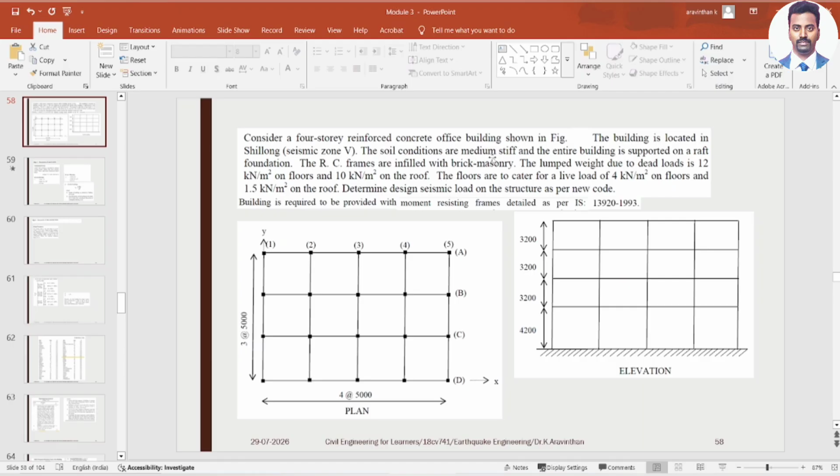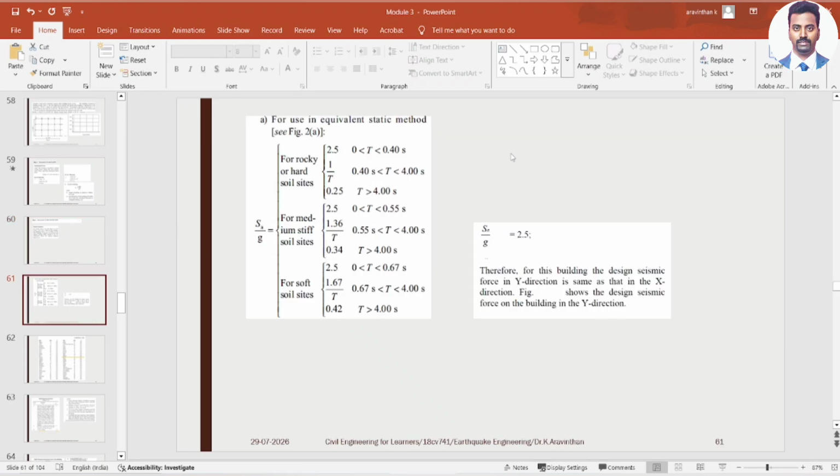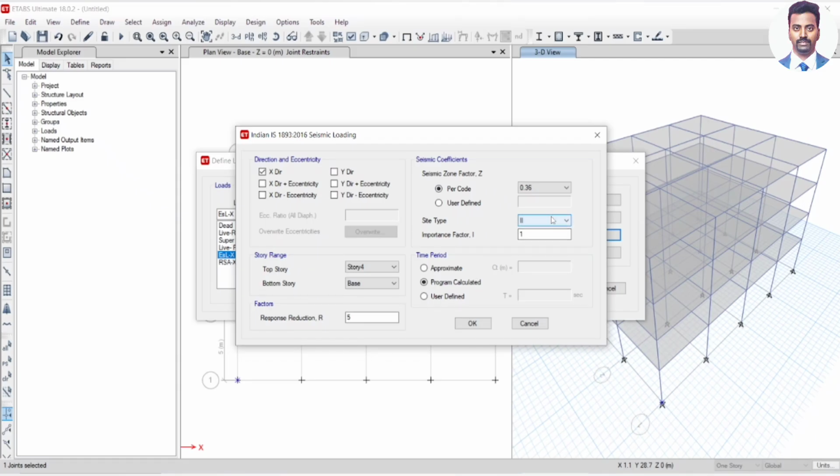Soil condition is medium stiff and the entire building is supported by raft. So medium stiff, in the sense, here you can see for the equivalent static method you have this, and when doing manual analysis I have discussed the medium stiff condition. So this is the second case and third type. There are only 3 types.